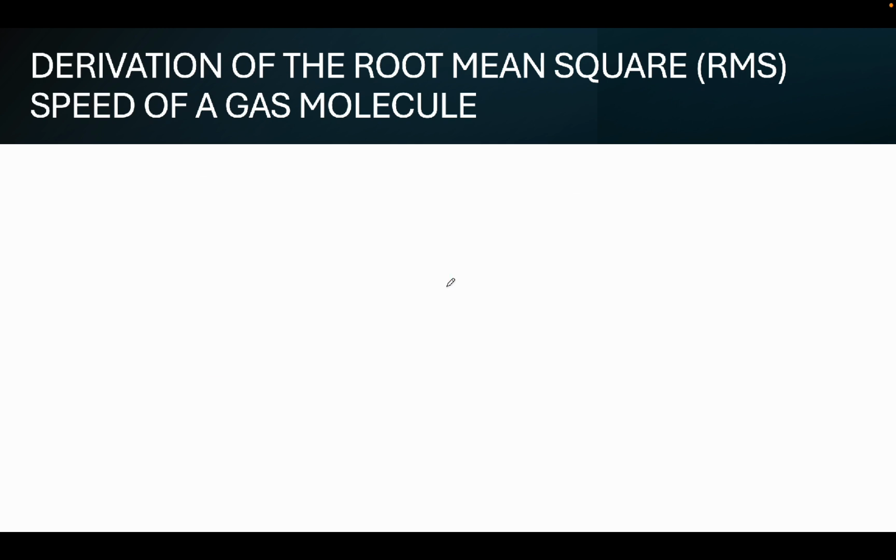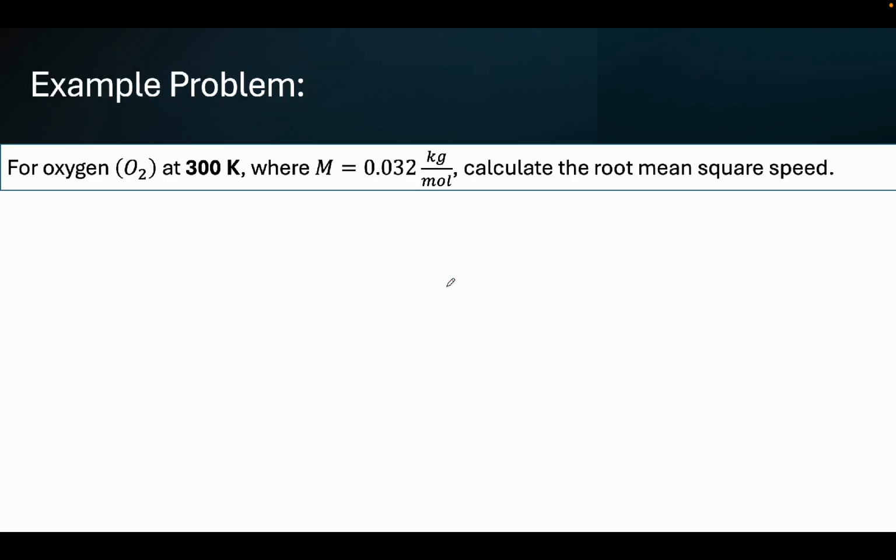Now, let's have an example problem to calculate the root mean square speed. We have oxygen at 300 Kelvin, where the molar mass is equal to 0.032 kilograms per mole. Calculate the root mean square speed.